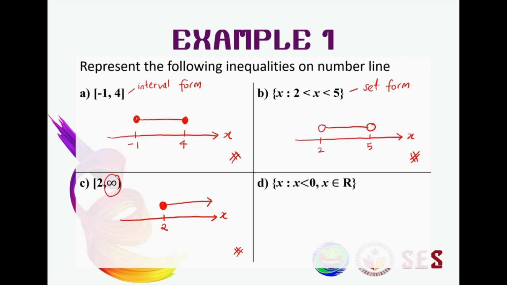R here means real numbers. Real numbers means all numbers from -infinity to infinity. So we want 0, and x is less than 0 because it has no equal sign, so it's a white circle, and we are going to the left. Done.